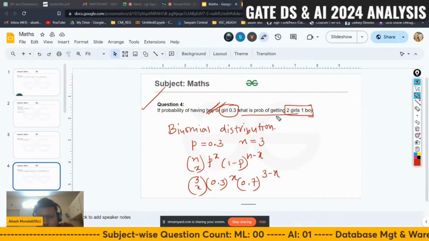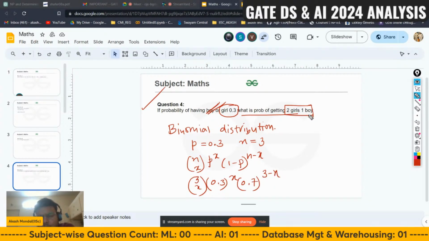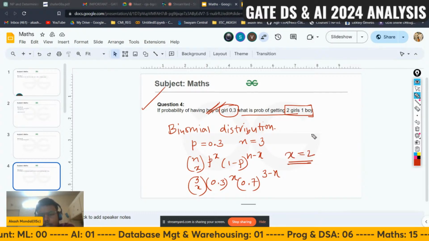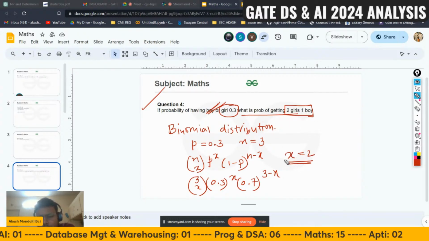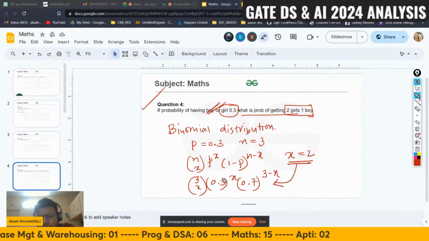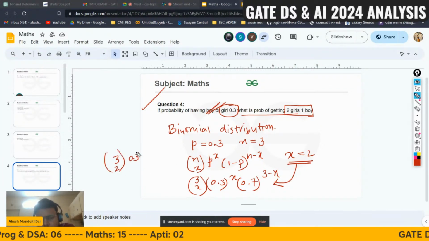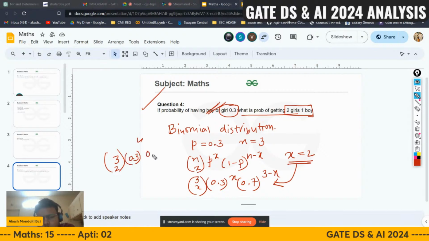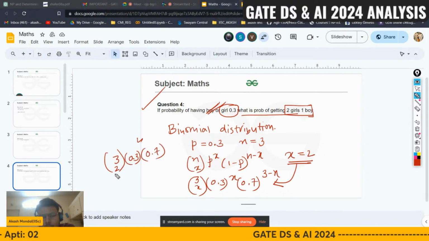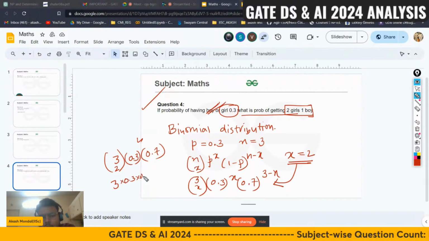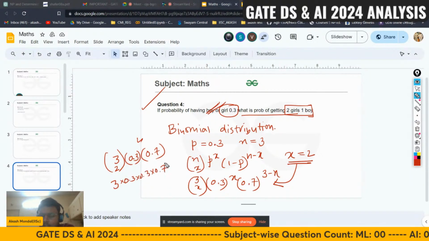They are asking for the probability of getting 2 girls and 1 boy, so x equals 2, the number of girls. Plugging in x equals 2, you get 3 choose 2, 0.3 squared and 0.7. So 3 choose 2 is 3, times 0.3 times 0.3 times 0.7 is the answer to this question.